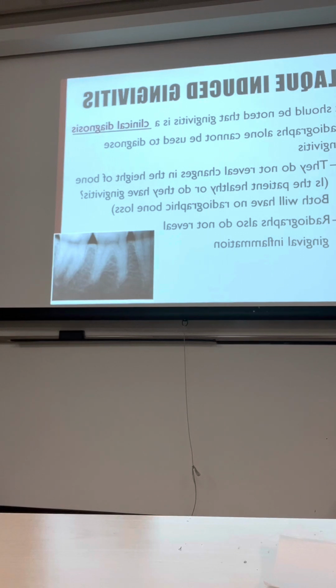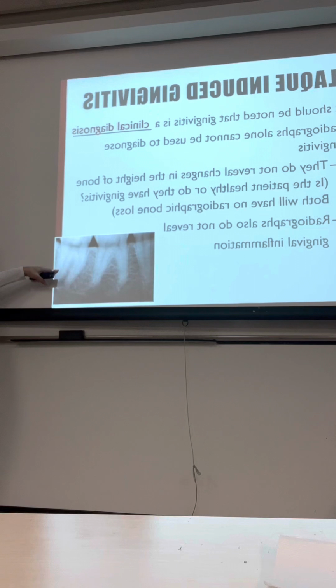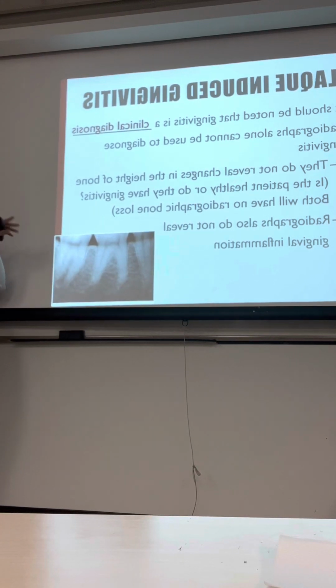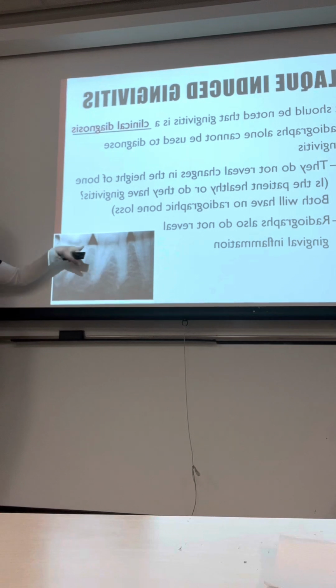It should be noticed that gingivitis is a clinical diagnosis, which is interesting because with periodontitis, what do we need to confirm to make sure it's periodontitis? Radiographs. Gingivitis is the complete opposite. If you looked at this x-ray, could you tell me if this patient was healthy or gingivitis? And why not? You can't see inflammation of the gums. Exactly. Very good, guys. No matter if they're healthy or gingivitis, they will always have bone intact.